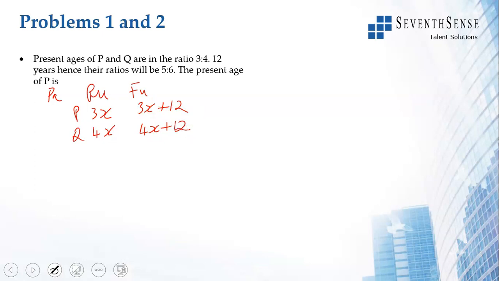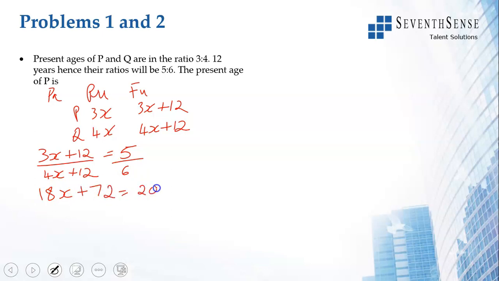Now what are the ratios there? 3x plus 12 divided by 4x plus 12 is equal to 5 by 6. That is given. Cross multiply. 18x plus 12 times 6 is 72, 20x plus 12 times 5 is 60. You move the numbers. 12 is equal to 2x, x is equal to 6.